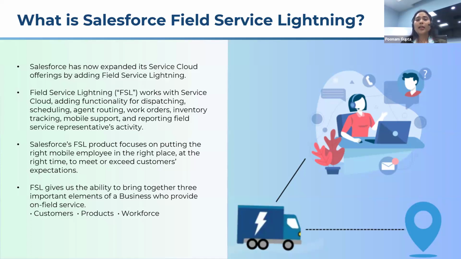Also, it provides the ability to bring together the three important elements which are required for every business, and it's important for Field Service Lightning also. And these are customers, products, and workforce.